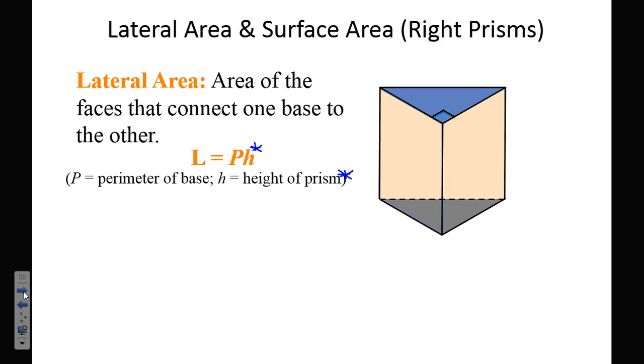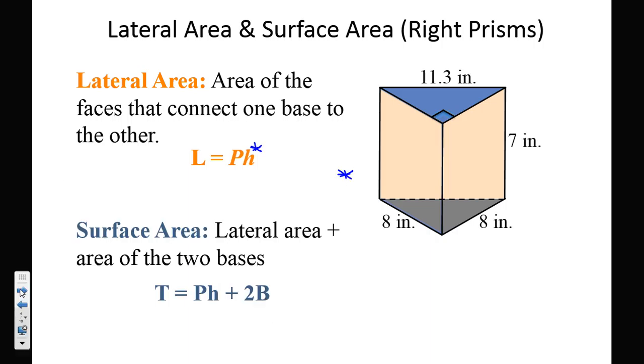Okay? So, once we've found the lateral area, the area of the orange, then we're going to add on the area of the two bases to get our total surface area.